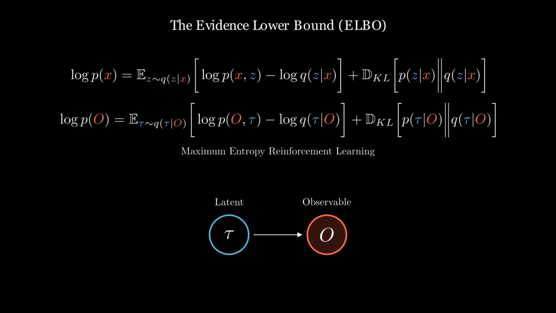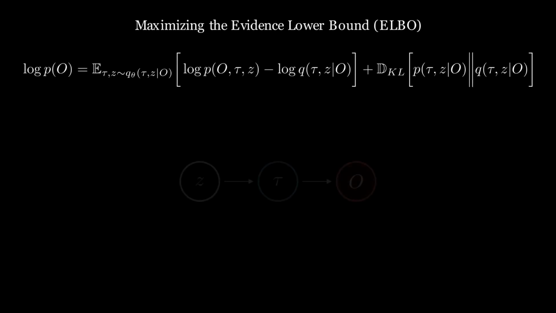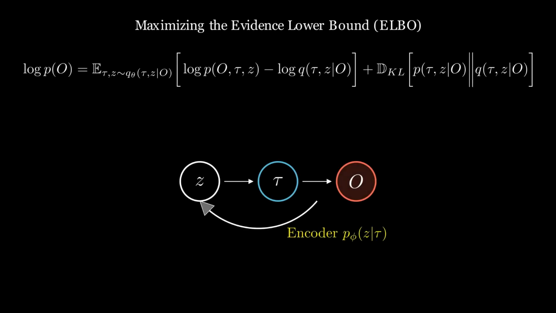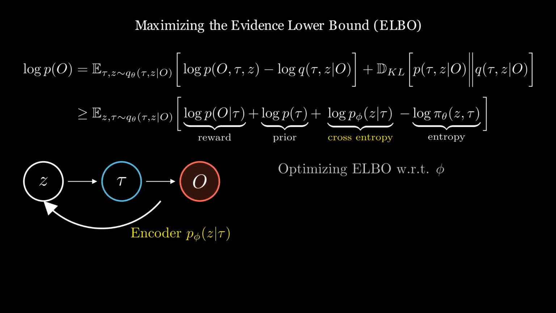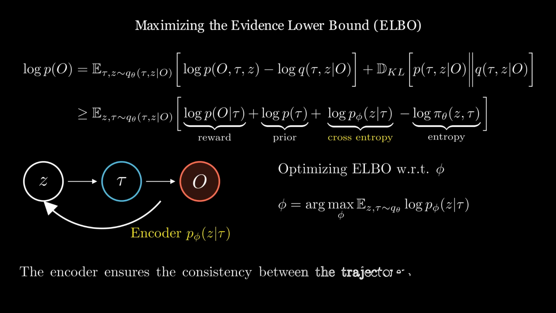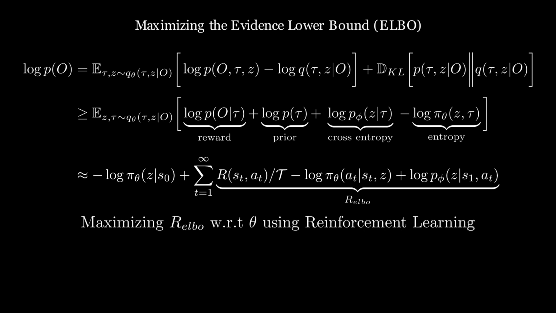Our method further includes the additional latent variable z besides the sample trajectories. The same equation holds for the two latent variables. We build an auxiliary encoder phi to map the sample trajectories back into the latent space. Optimizing the ELBO with respect to the encoder ensures the agent sample trajectories are in fact consistent with the latent variables, avoiding mode collapse. Optimizing the ELBO can then be formulated as a reinforcement learning problem with the original reward and the auxiliary terms.